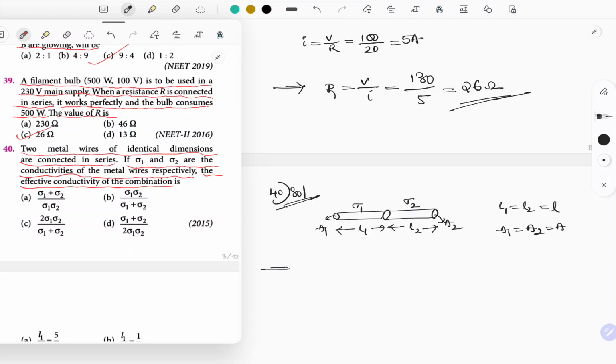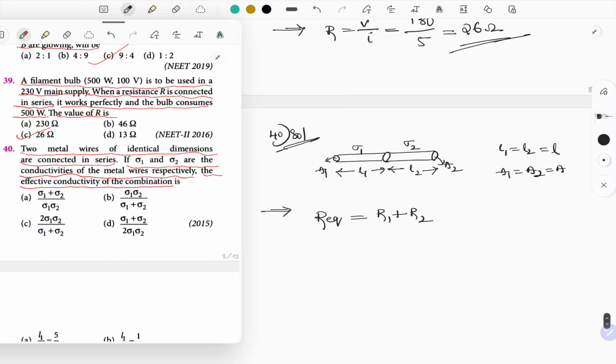So what is the formula for R equivalent? As these two are connected in series, R equivalent is equal to R1 plus R2, right? The resistance formula in terms of length and area of cross section is rho L by A. In terms of conductivity, it can be replaced as L by sigma into A. Let me write it down.